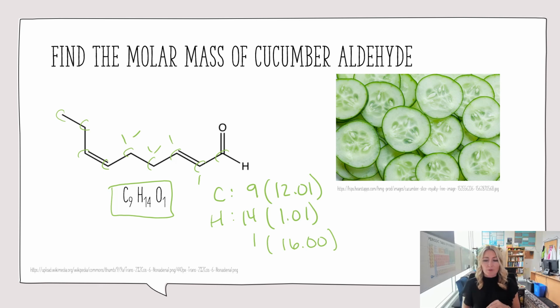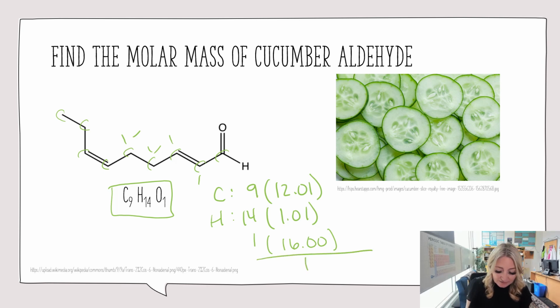Notice that I'm going to 2 decimal places, and if you're using the periodic table that we've provided, your periodic table already goes to that. So use that periodic table. We are going to multiply 9 times 12.01, 14 times 1.01, and 1 times 16. We're going to add all those values together.